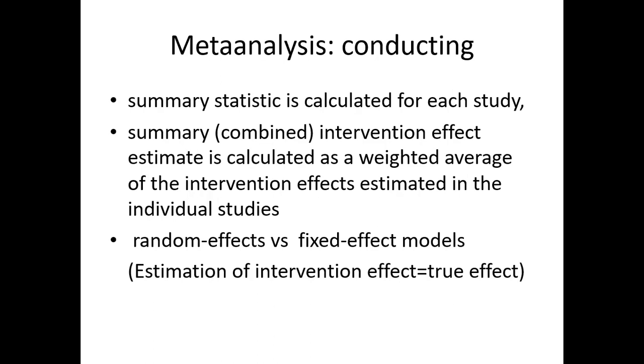But the first step is that you do the statistical summary of each study. After doing that for each study, you then combine them into a combined summary of the intervention. You put together all the studies in order to get the overall effect estimate.